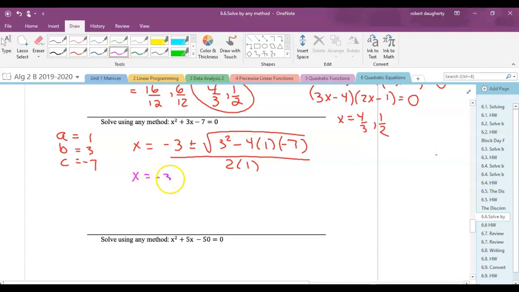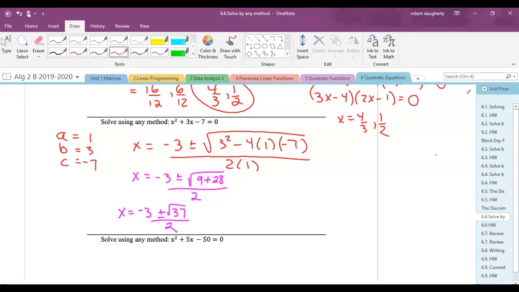So x is negative 3 plus or minus the square root of 9 plus 28, all of that over 2. So x is negative 3 plus or minus the square root of 37, all of that over 2. And that's as far as that one can go. Negative 3 plus or minus square root of 37 over 2.